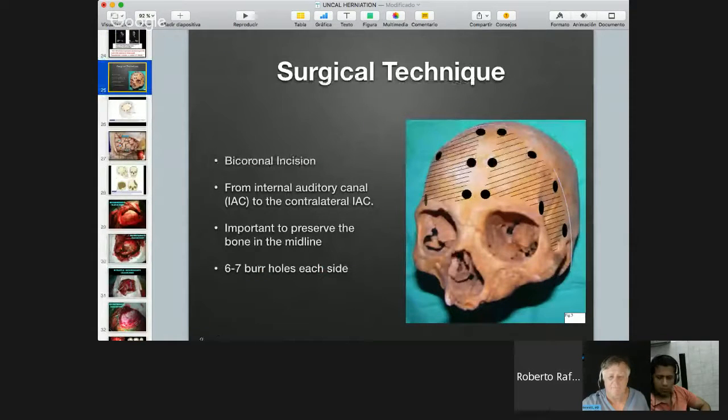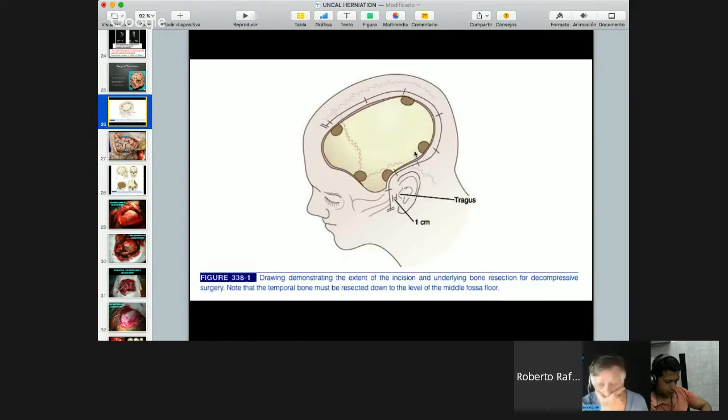The decompressive craniectomy could be unilateral or bilateral, more anterior or more posterior, but mainly 6 or 7 burr holes on each side. It's important to preserve the bone in the midline. You can do it with a bicoronal incision in bilateral cases or unilateral like this, for example.